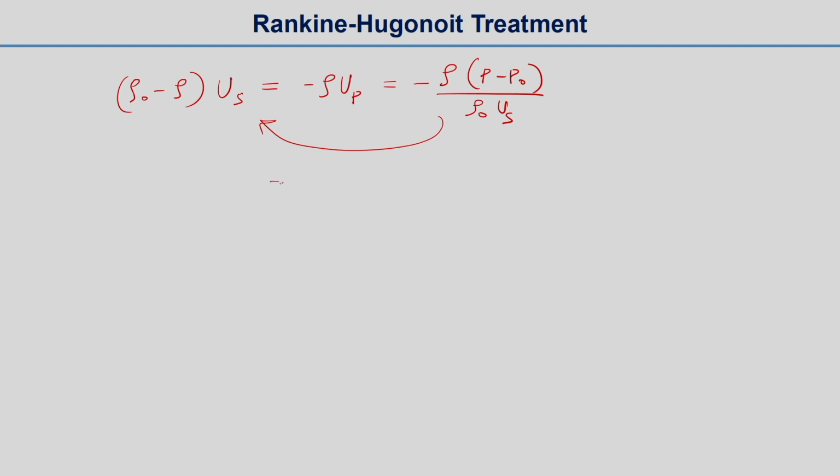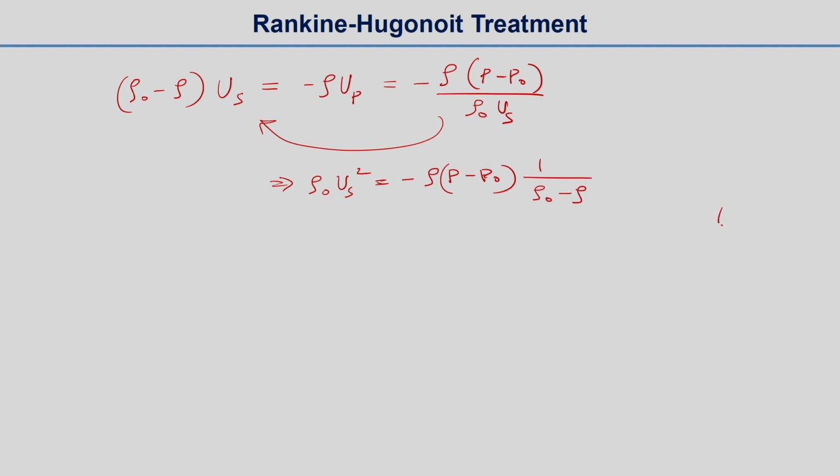If we combine these, we will get rho naught Us square equal to rho (P minus P naught) times 1 divided by rho naught minus rho.